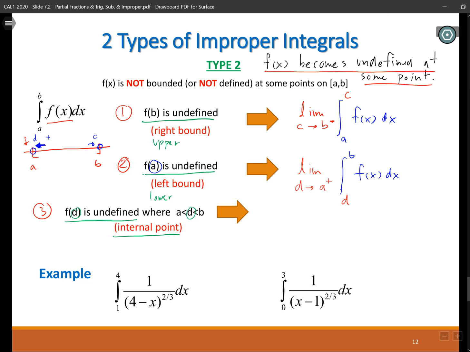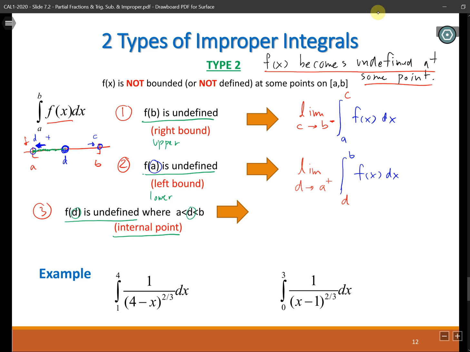Now, scenario 3. If this function is undefined at some point between a and b, so it could be this. Let's say that this point D is right here. In this case, we are going to have to split the integral into two parts like we did before. First, we perform the integration from a to d.